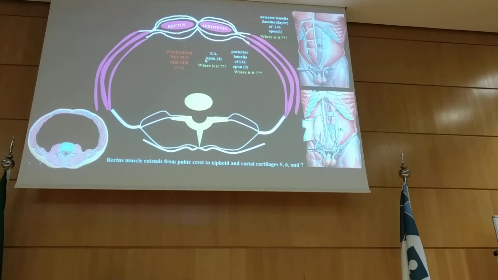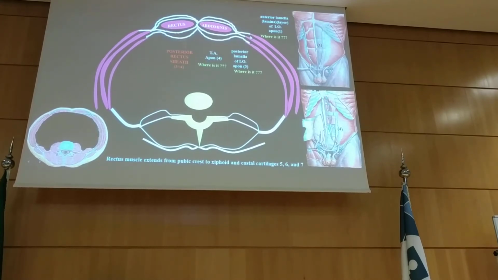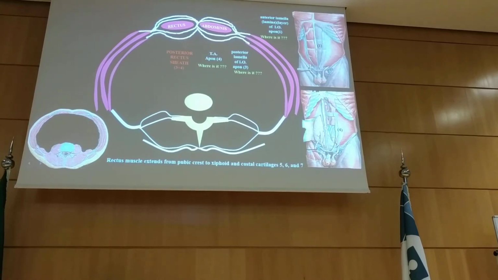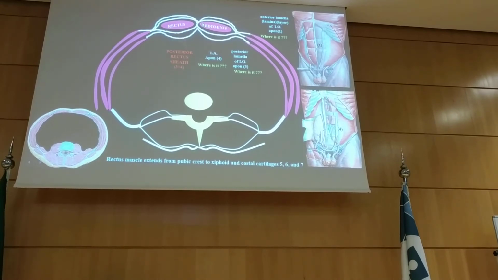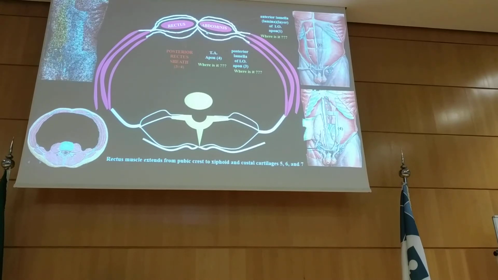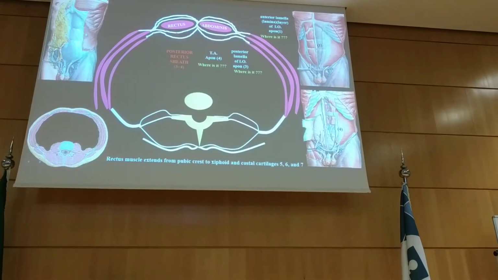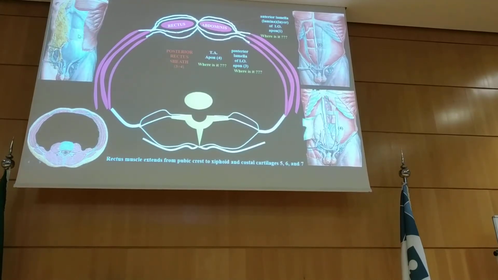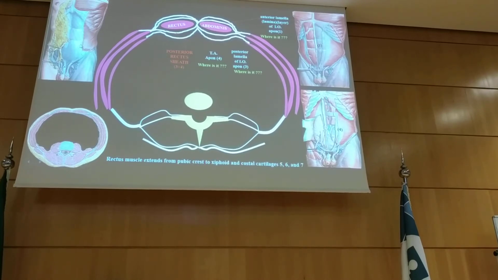We carry on with external oblique aponeurosis, and it is going to contribute to the sheath. This is it, external oblique, and this is its aponeurosis. And now you can find external oblique aponeurosis. Where is it?